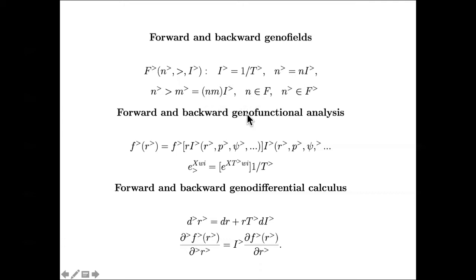And then there are Gano numbers, which are the product of an ordinary number multiplied by the Gano unit, so that not only do Gano numbers represent an extended object, but they also represent an object with a direction of time.